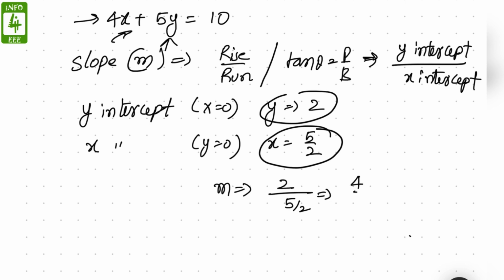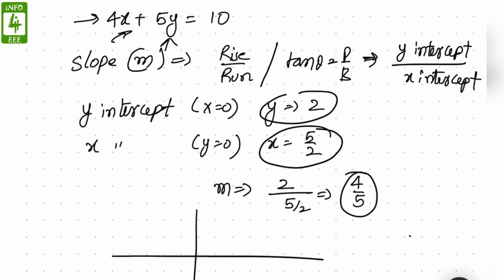If you solve this, you will get a slope as 4 by 5. And these are the intercepts. So it means that the line will look like, y-intercept means this is 1, this is 2, x-intercept is 1, 2, this is 2.5. It means that the line will pass through these 2 points.